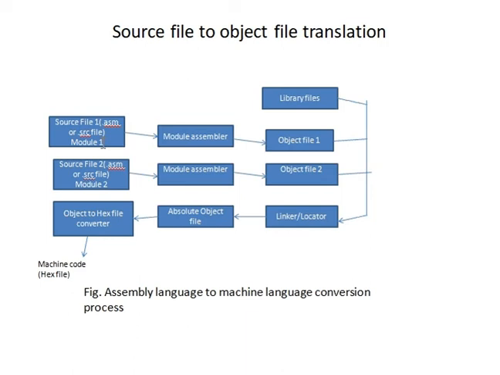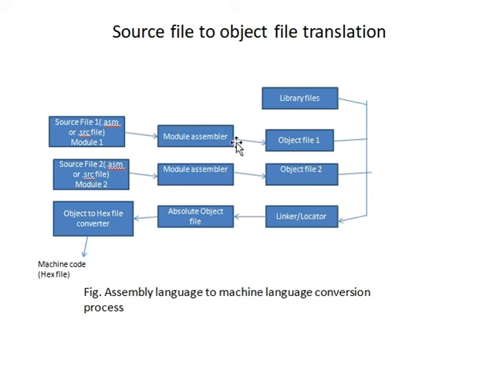For example, assembler directive AREA, assembler directive DCD, assembler directive DCB. So what does DCD do? DCD is define constant data. So this creates a space for your data with 32 bits because we are using a 32-bit system. So there are these labels or symbols.